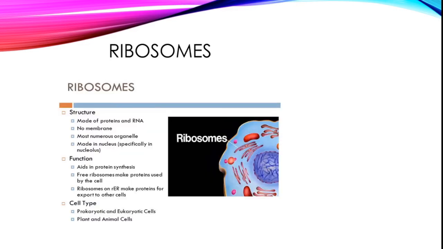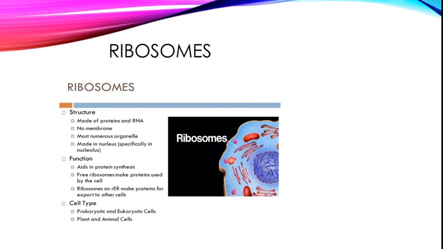Next cell organelle is the ribosome, which is a very important cell organelle. Ribosomes are made up of protein and RNA. They do not have any membrane. Numerous ribosomes are present, and they are mainly made in the nucleolus of the nucleus. In previous slides we have studied that the nucleus contains ribosomes and the nucleolus helps in synthesis of ribosomes.